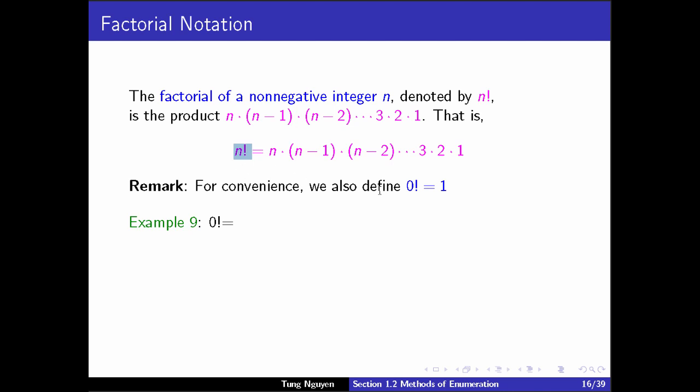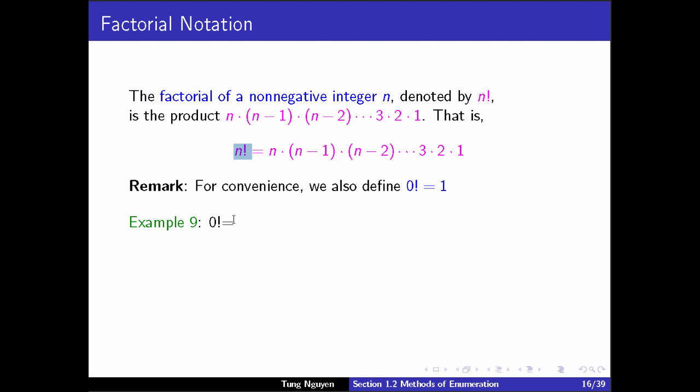Notice that for convenience, we also define 0 factorial to be 1, because in many formulas, that is how it works out well, without the need of adjusting the formula.